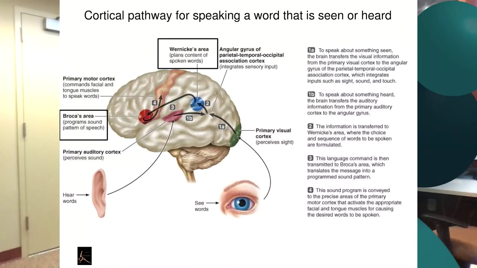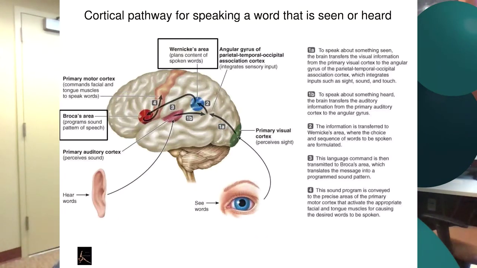So there are two areas of the brain that I want to highlight over here, and they're both found only on the left side of the brain. And that's Wernicke's area and Broca's area. And those are both boxed out in the picture here. So Wernicke's area is where you plan the content of a spoken word, right?